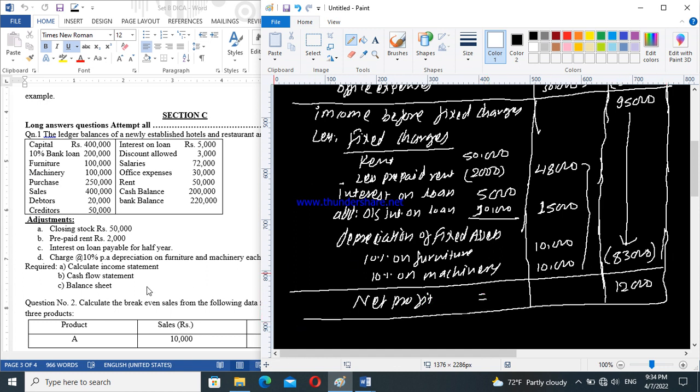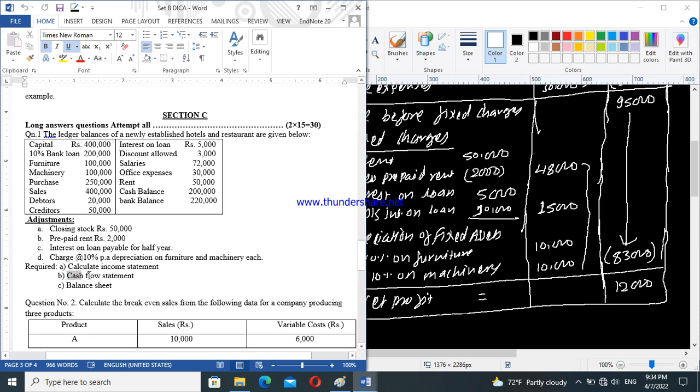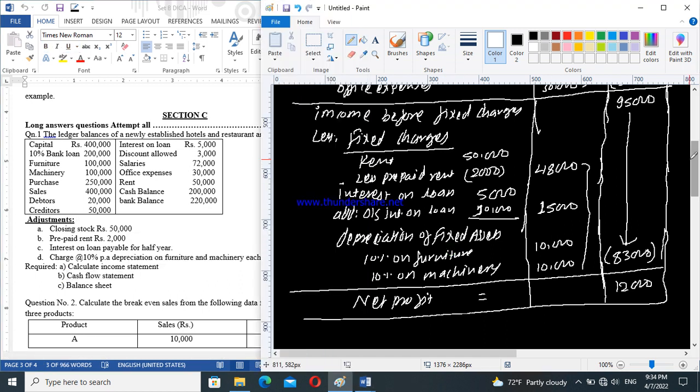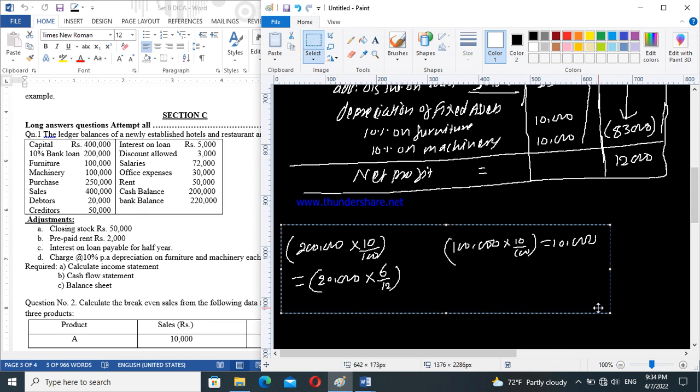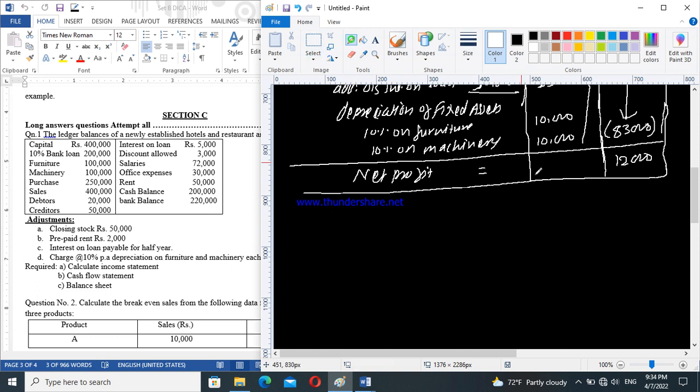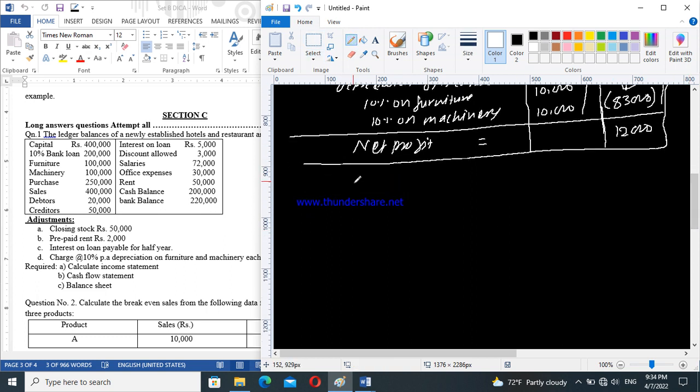Okay, the first section is completed, and the next question requires the cash flow statement. You need to follow the rules. Cash flow statement. Now erase this working note and move on. Cash flow statement.